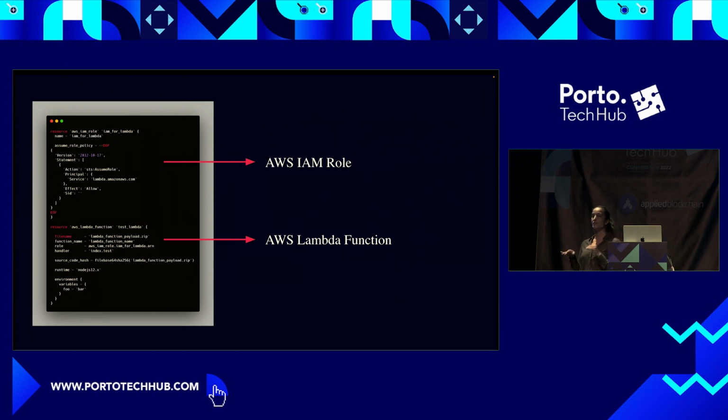The way that you use infrastructure as code, like I said before, is something called configuration files. And your configuration files are declarative, meaning they describe the end state of your infrastructure. So you're saying, this is what I want my infrastructure to look like. I want this resource with these configurations. I want this other resource with these configurations.